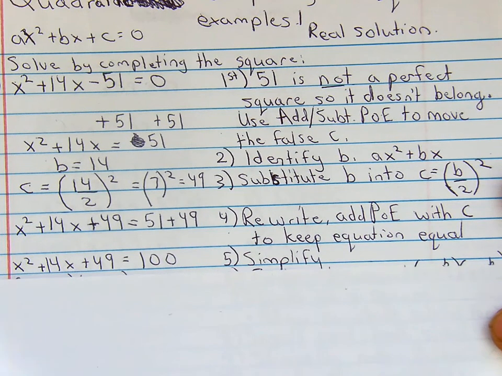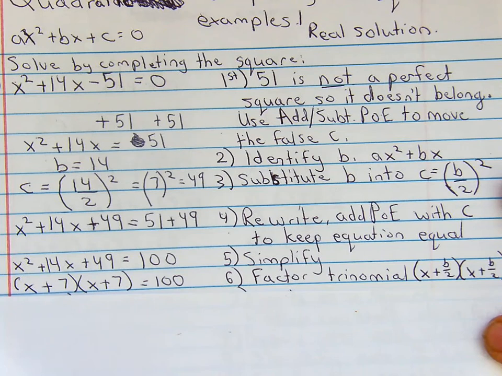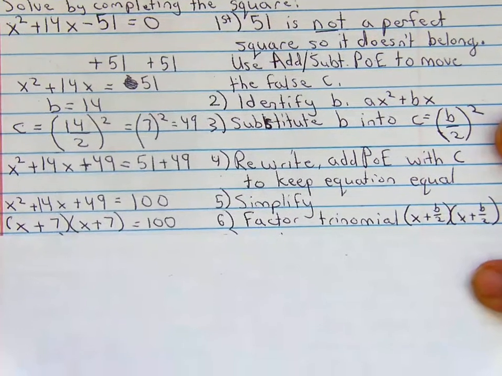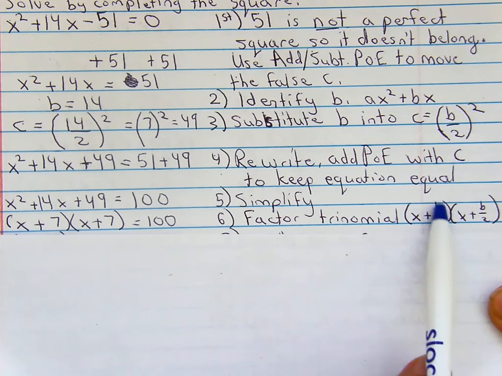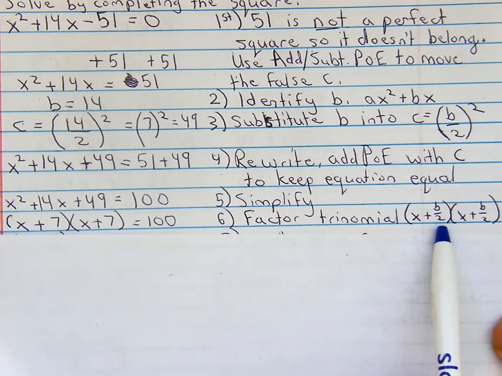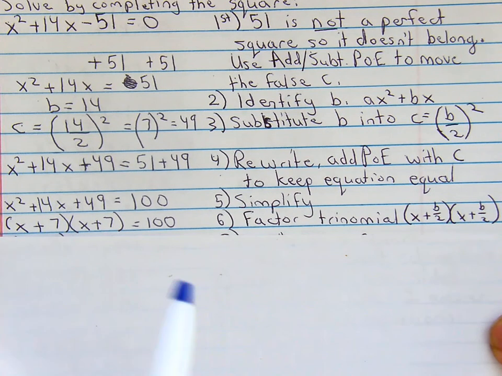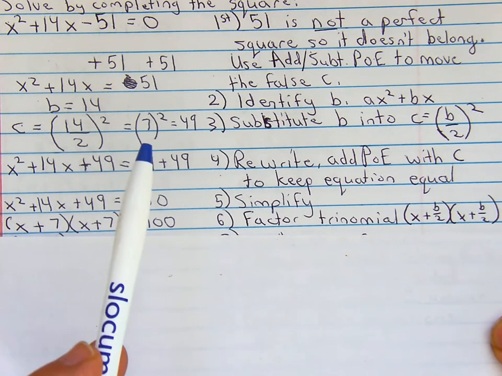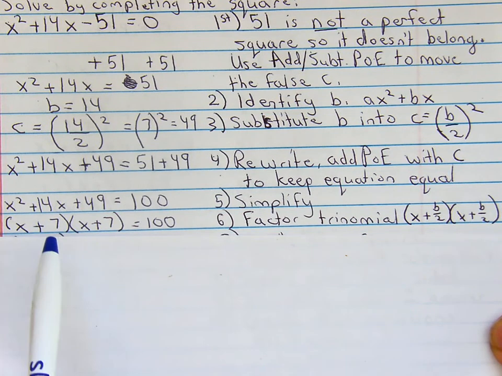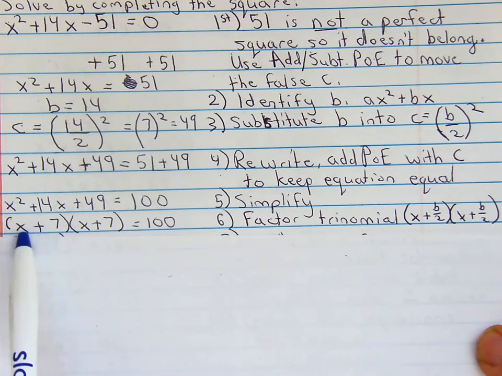And then I'm going to factor my trinomial on this left-hand side, remembering that this value here was the same thing as B divided by 2 from our previous page of notes. So B divided by 2 was my inner here, which was 7. So I can rewrite this as the multiplication of binomials of x plus 7 equals 100.